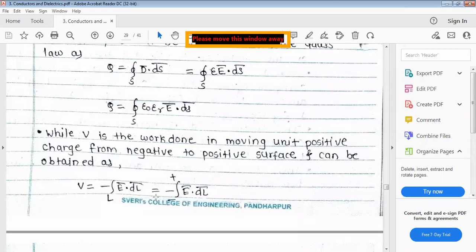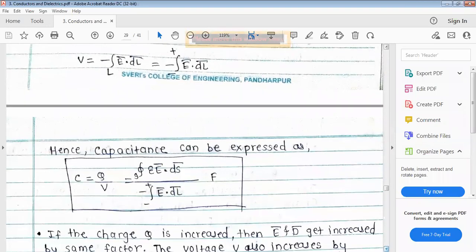So this is the line integral. It is equal to minus integration from minus to plus of E bar dot dl bar, so we are moving that charge from the minus to the plus surface. Now we have to write the equation for capacitance.